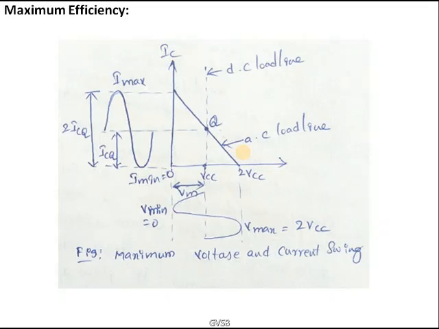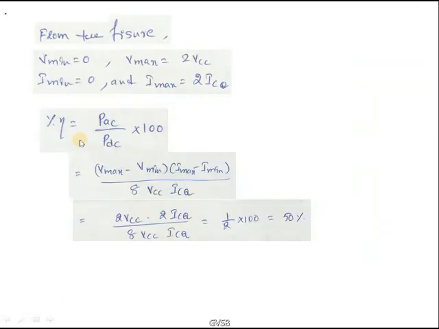For maximum efficiency in the transformer coupled amplifier, V minimum is equal to 0 and V maximum is equal to 2 VCC, and similarly I minimum is equal to 0 and I maximum is equal to 2 ICQ. The efficiency eta is equal to PAC by PDC into 100.